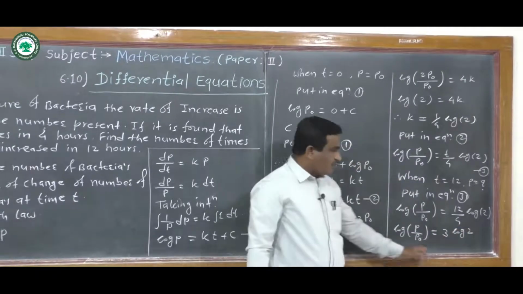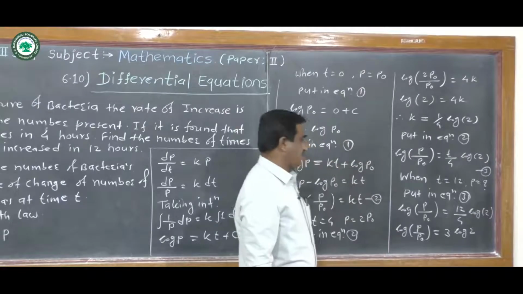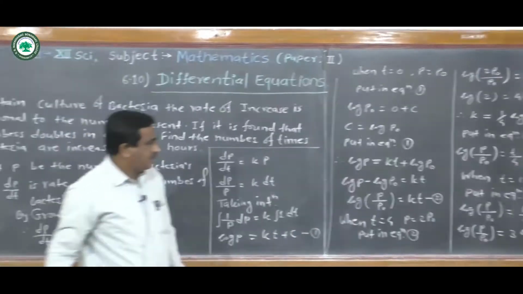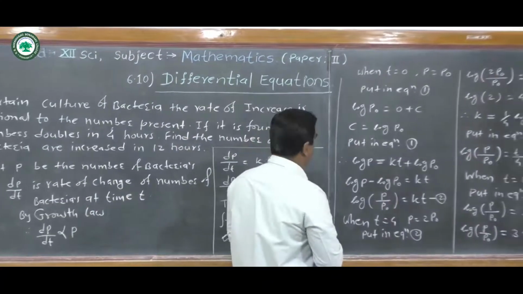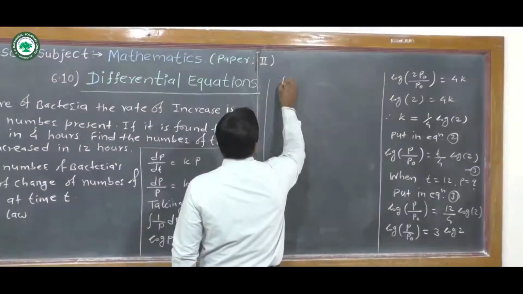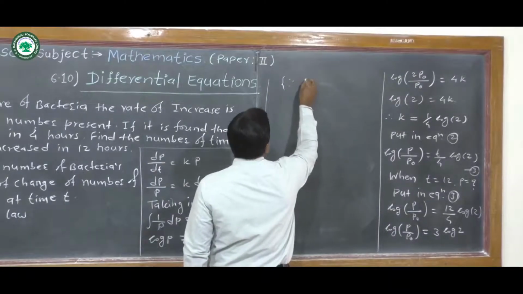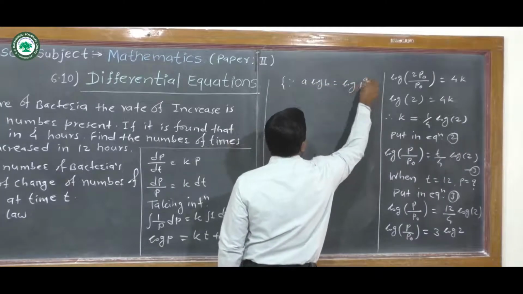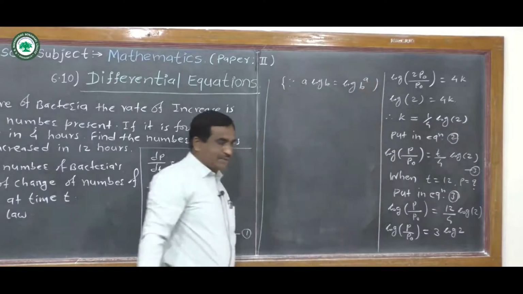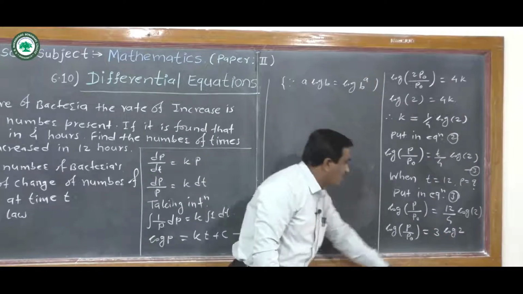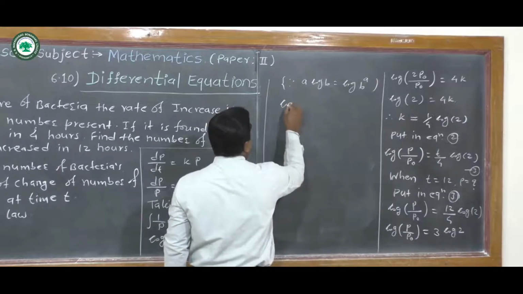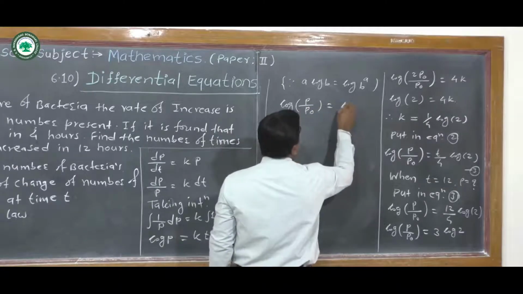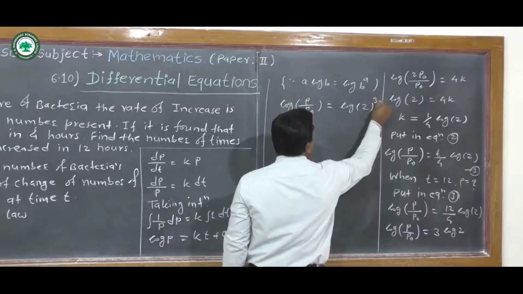Now we use the formula for logarithm: A into log B is equal to log B raised to A. Using this formula, log of P upon P0 is equal to log of 2 raised to 3.